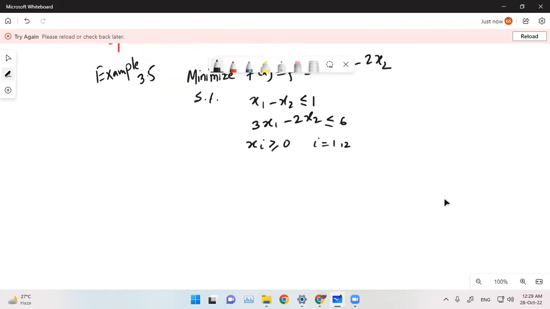So first thing is writing the standard equation. We have said in the previous lecture that in the objective function we have to make x1 and x2 on one side. So basically we have minus 3x1 minus 2x2.